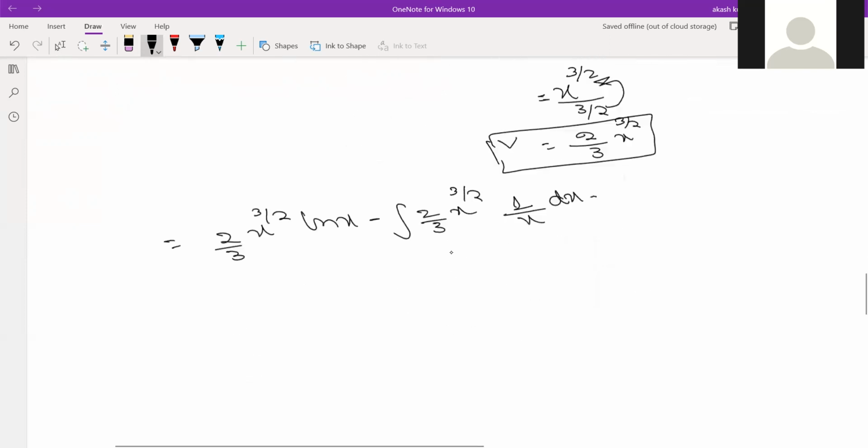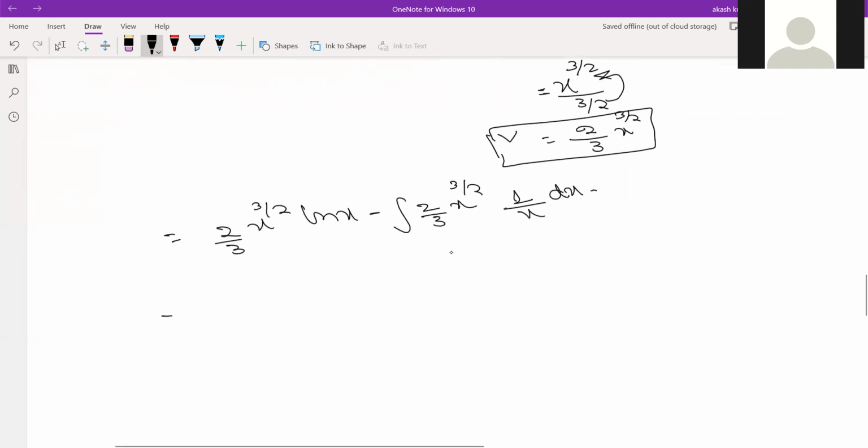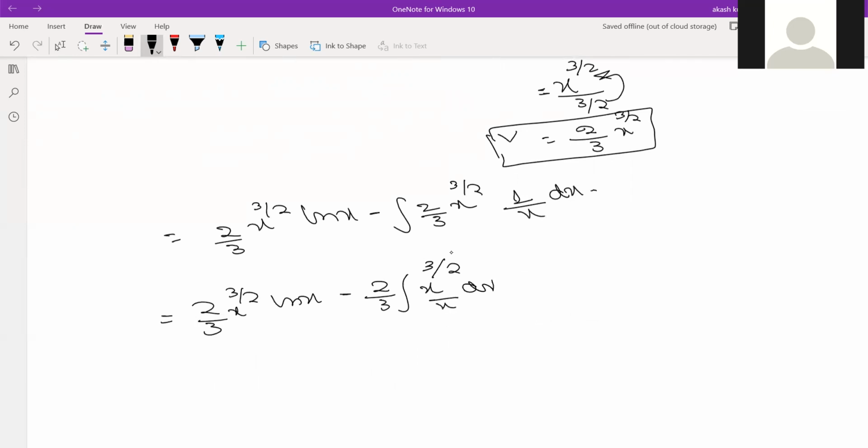Clear? So it becomes 2 by 3 x to the 3 by 2 ln x minus, because I can take the constant out, 2 by 3 outside, the integral of x to the 3 by 2 over x dx.